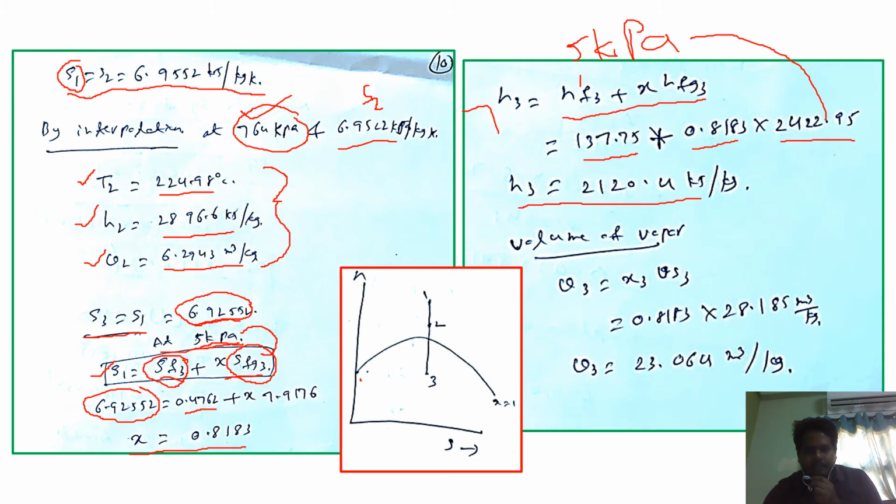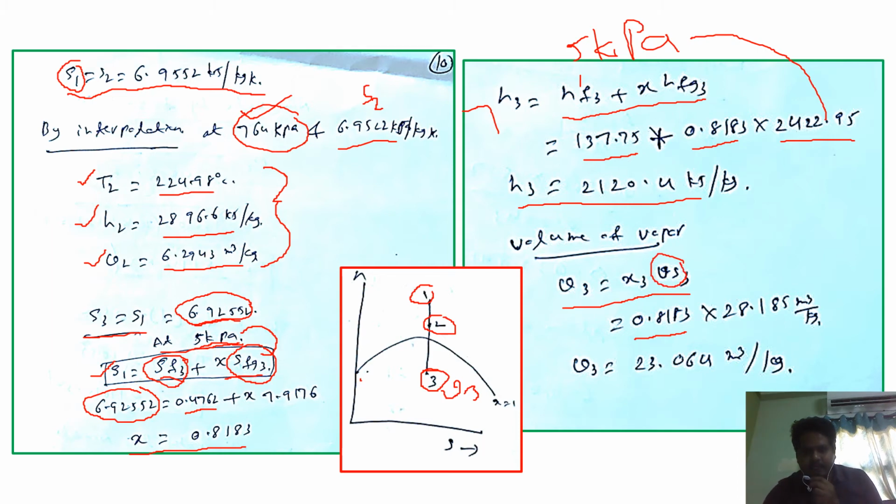Okay, now at all points we have calculated S1 H1, S2 H2, S3 H3. Also we can find the specific volume at point 3. We can write V3 equals X3 into Vg3. V3 is the specific volume, X3 is the dryness fraction, that is 0.8183, into Vg3, the specific volume of the vapour.